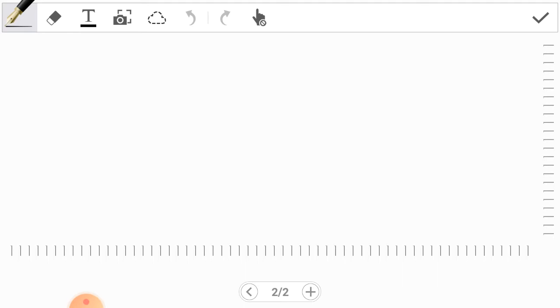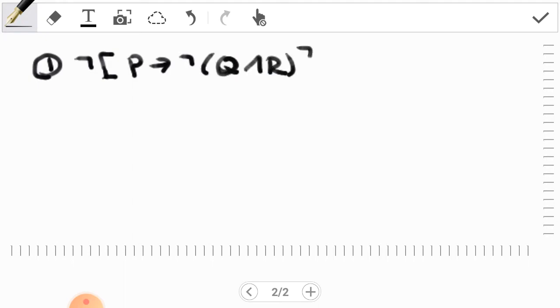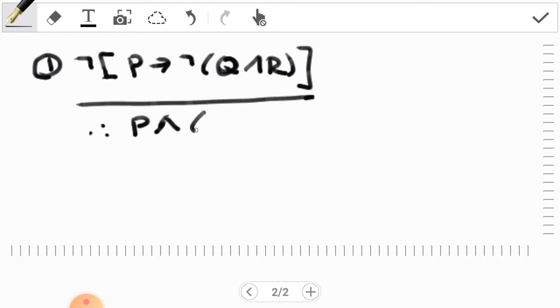In the first problem in our homework, the first line is the negation, not P implies not Q and R. And then our conclusion is P and Q and R. So we only have one premise.